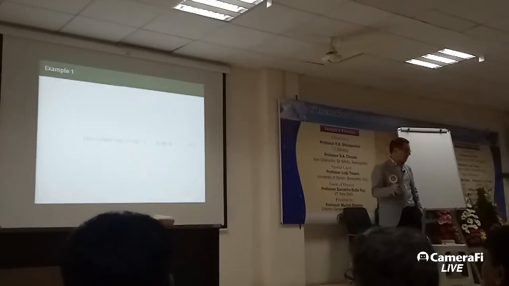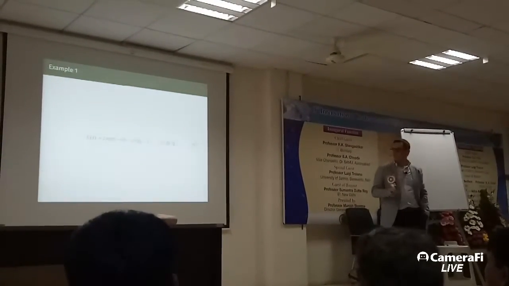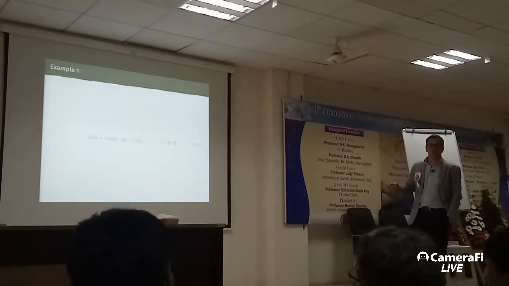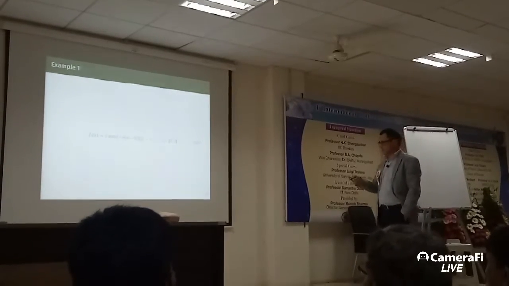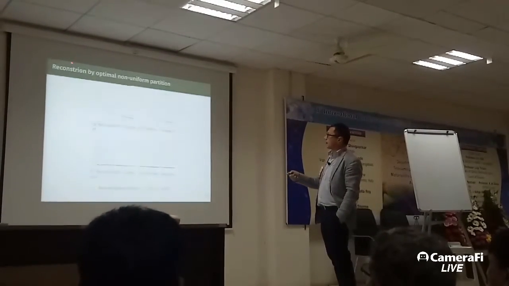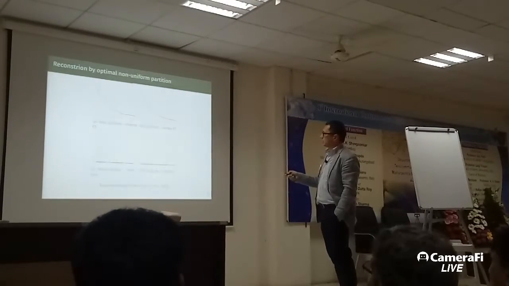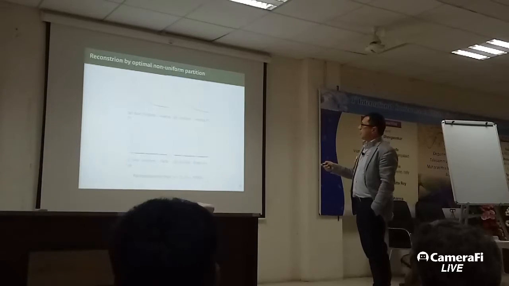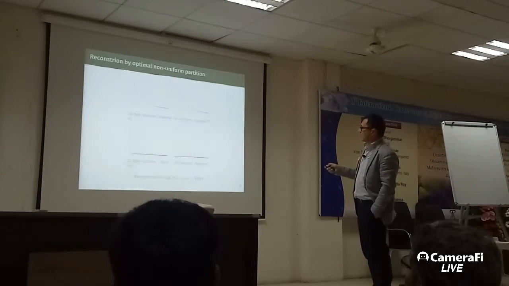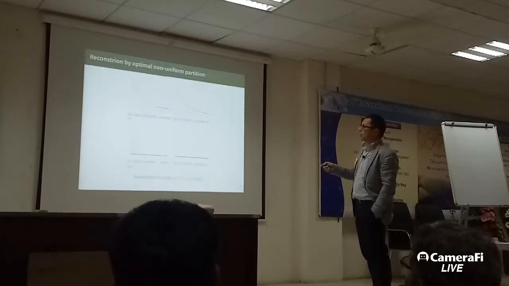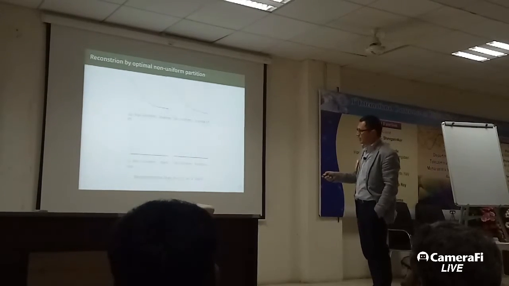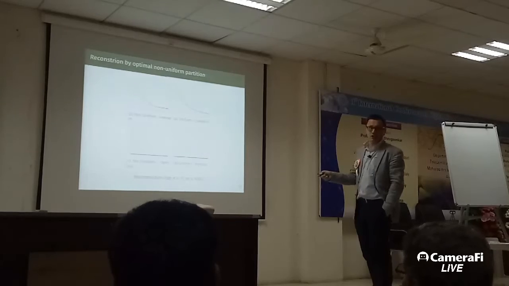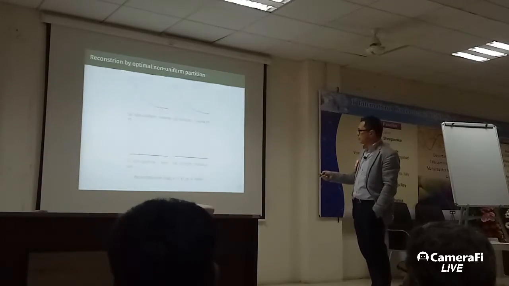Let's do a very simple example. Okay, let's consider this exponentially decreasing function, which you can see here. Now, this is the result that you get by the uniform partition, and this is the result that you get by the non-uniform one. This is the non-uniform partition that you get below, and this is the uniform partition.